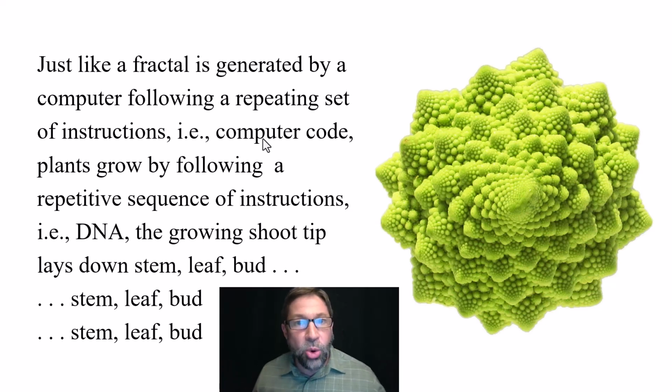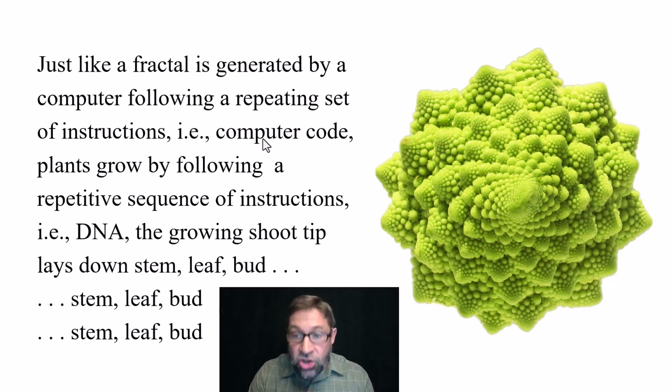So my broader point, the DNA within the nuclei of plant cells is much like the computer code that generated our fractals, in that plant growth is produced by a repetitive sequence of instructions.